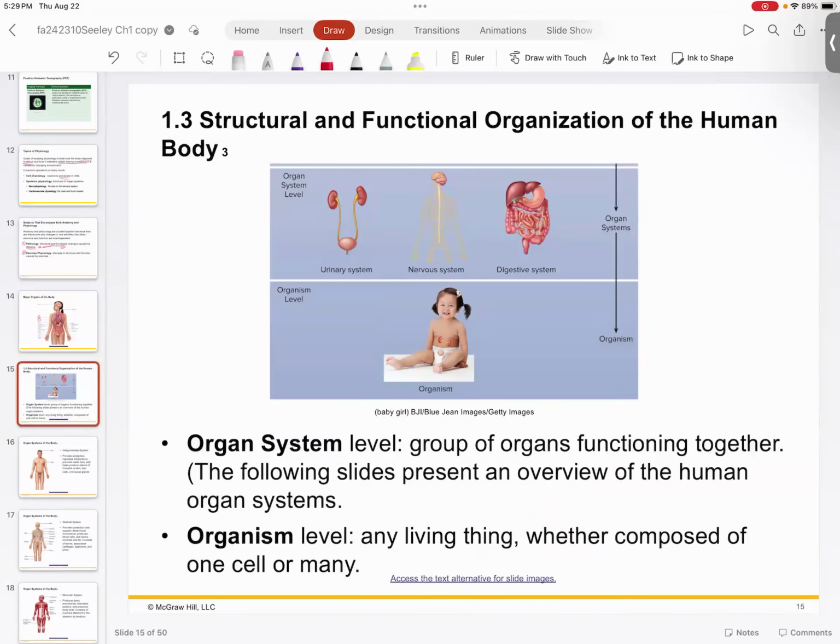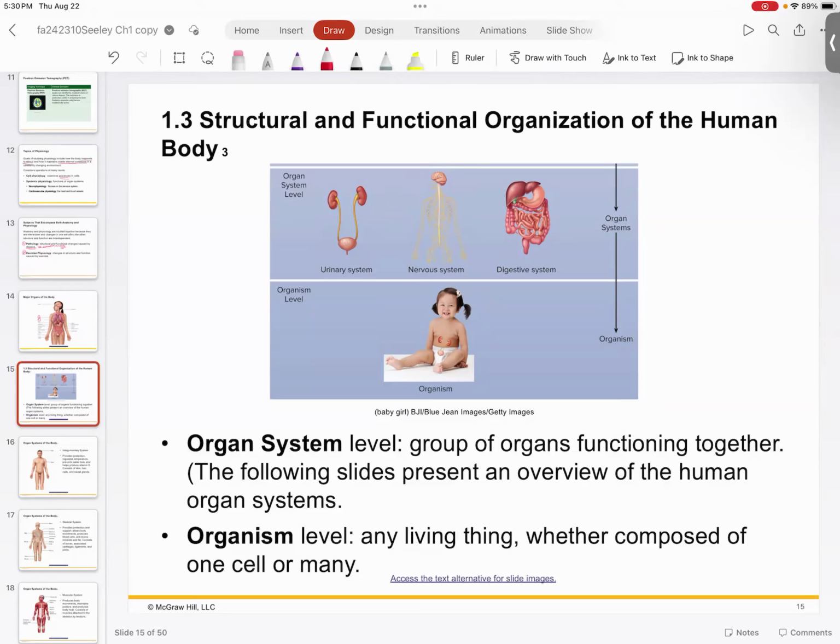So the first thing we want to take a look at is the organization of the human body. Because one of the big themes in human biology in particular is how structure and function are related, right? You have a particular function in the body, so what kind of structure do you need in order to fulfill that function? Alternatively, you can look at it as you have a particular structure, so what functions will that allow you to do?